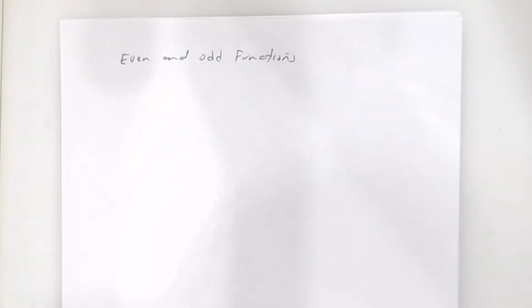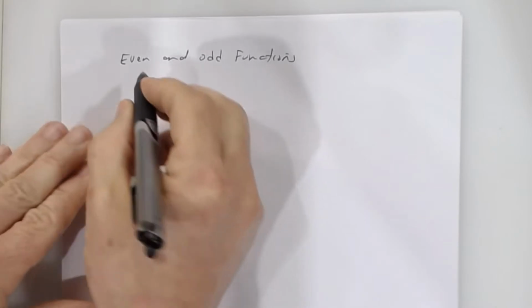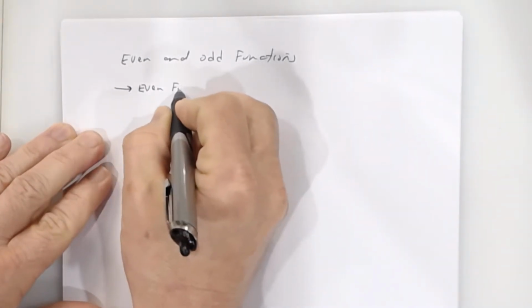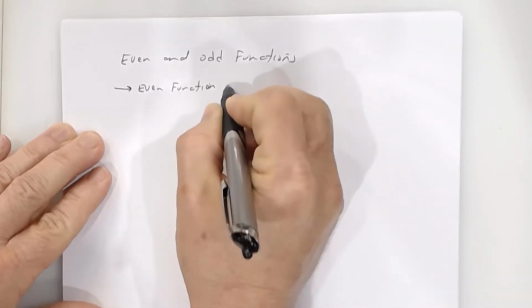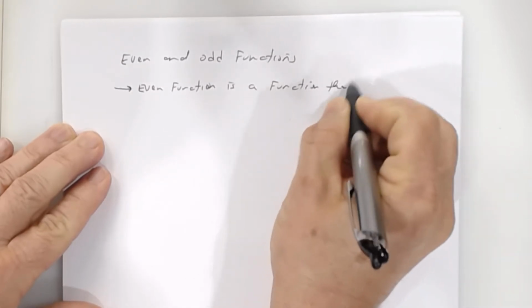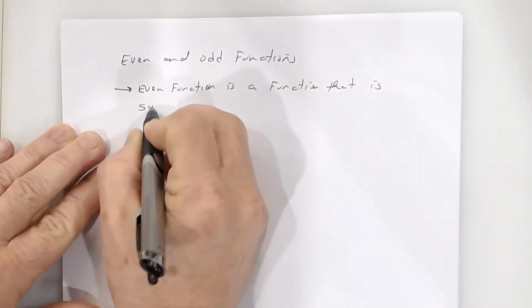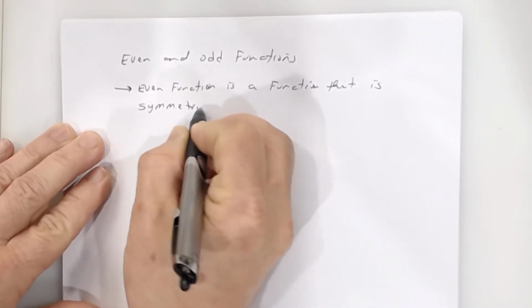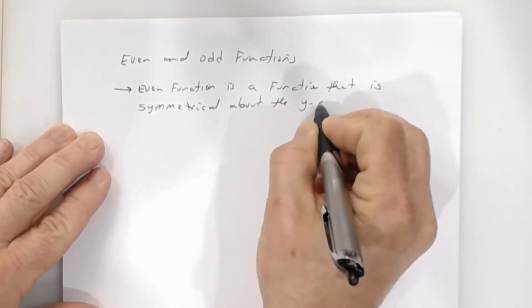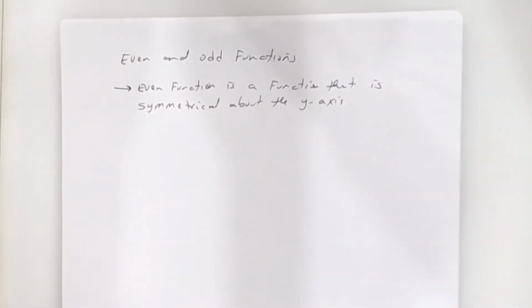Okay, even and odd functions. An even function is a function that is symmetrical about the y-axis.